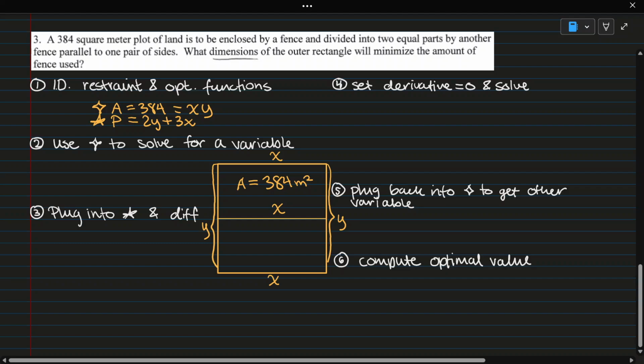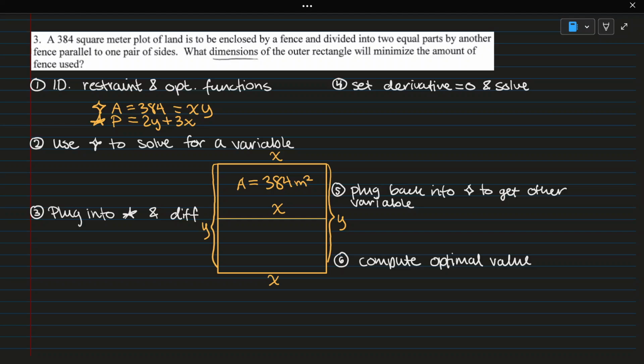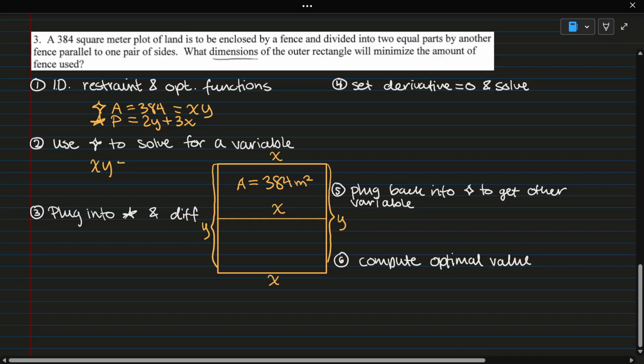Okay, so now we're going to use our restraint equation to solve for one of the variables. I'll pick y. So we know that xy is equal to 384. So this tells us that y is equal to 384 over x. Now I want to take this and plug it into my optimization equation and differentiate.